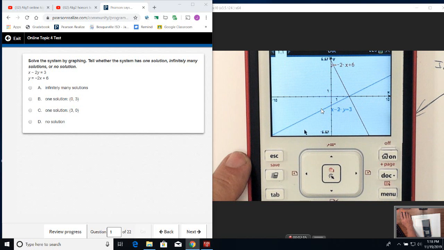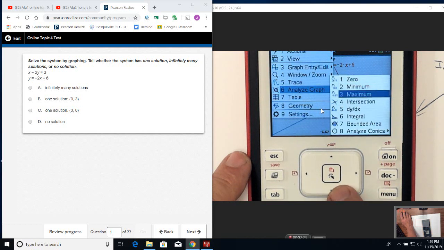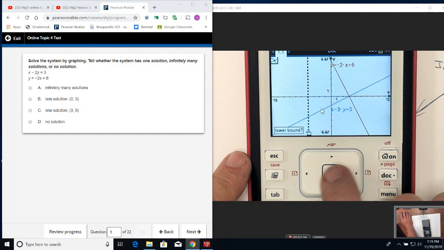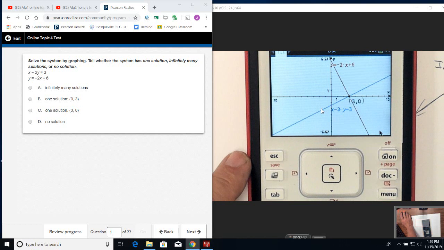So there's one solution. What is that one solution? How do I tell where that is? Go to Menu, Analyze Graph, and find the intersection, which is 4. So move that to the left of where you think it is, and the other line to the right of where you think it is. And it's at 3, 0, which is answer choice C.